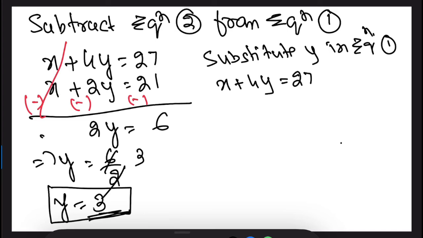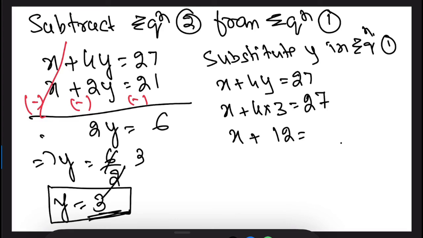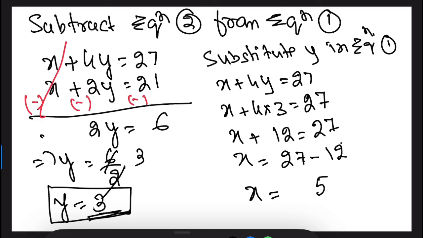The value of x will come from here, because we know the value of y. x plus 4 into y is 3, equals 27. So x plus 12 equals to 27. x equals to 27 minus 12. 7 minus 2 is 5, 2 minus 1 is 1. So the value of x is 15.